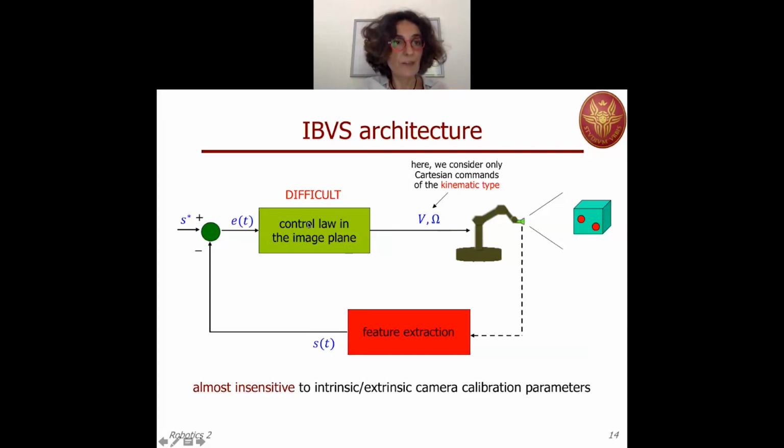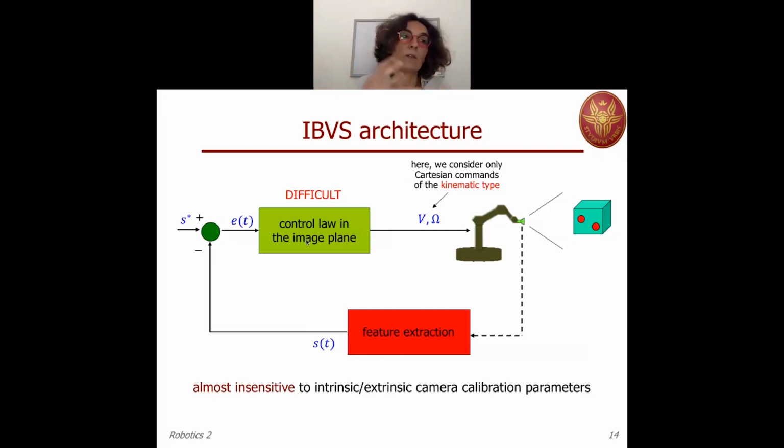So this implies that this is a control law that is defined with respect to an error. It's a control law that takes as input an error defined in the image plane, and produces as output commands for the robot.